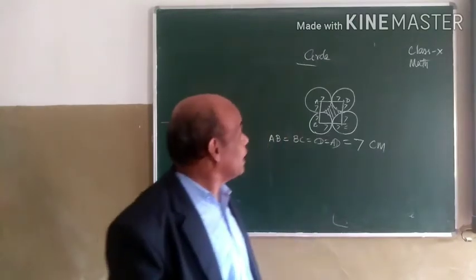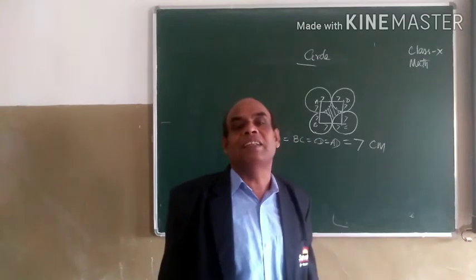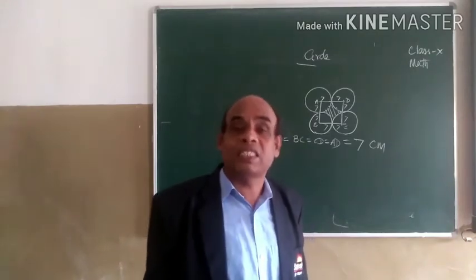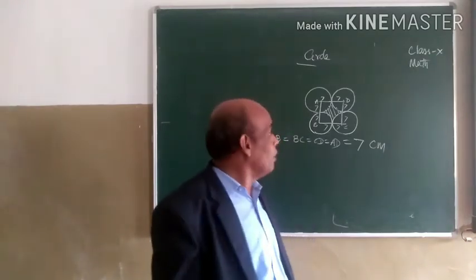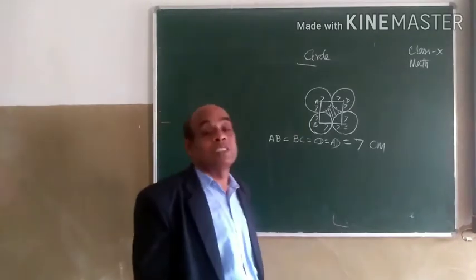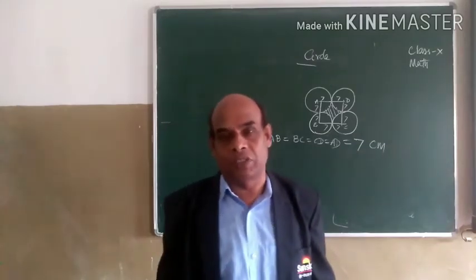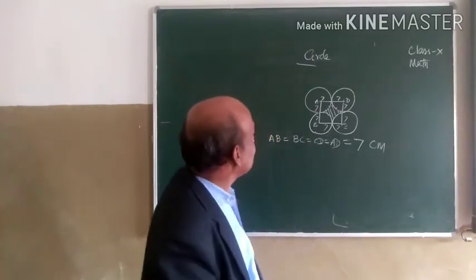Because already I told, all radii are equal. But in case of a rectangle, you cannot say all sides are equal. Similarly, a rhombus cannot be constructed if four circles are joined together. Also, you cannot construct a rhombus inside it. Therefore, it is a square.